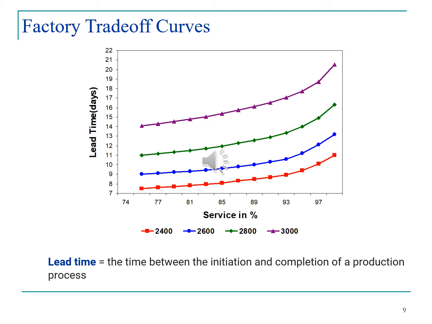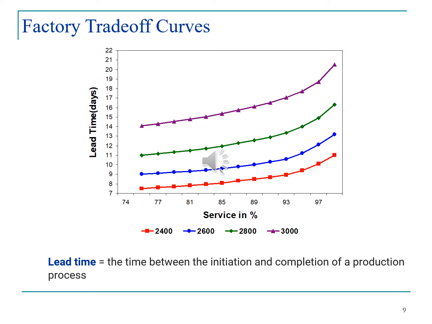So you can see that as we increase the production, let's say to 3,000 units, it is impossible to meet the requested lead time of 10 days, even at a 76% quality of service or service level in percentage.